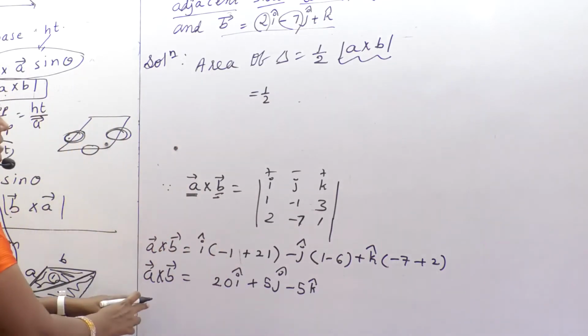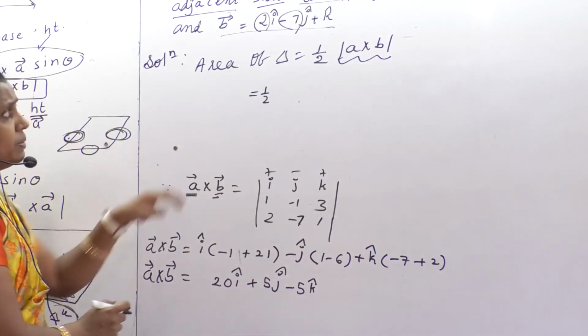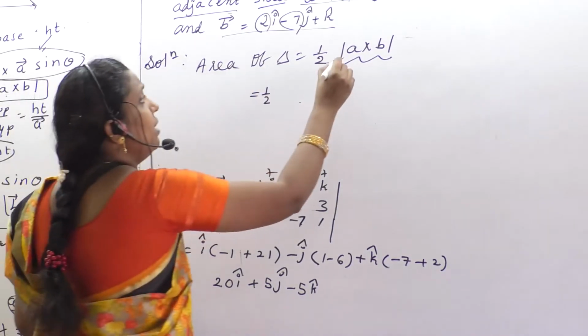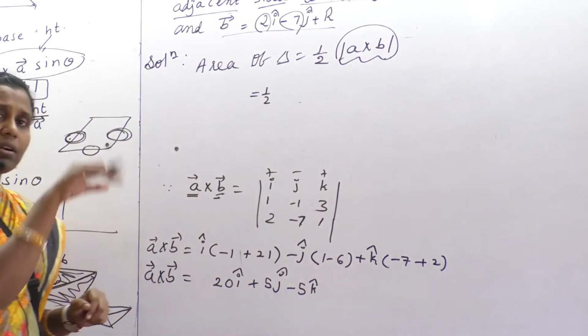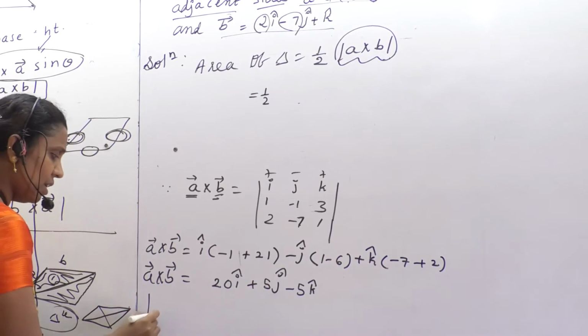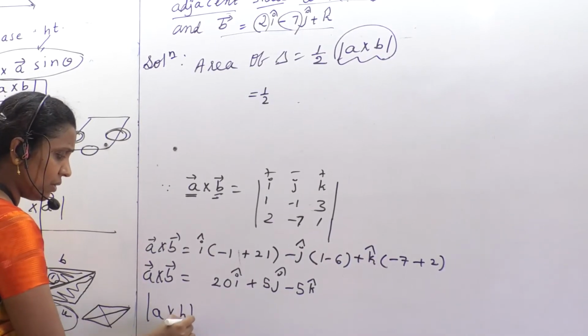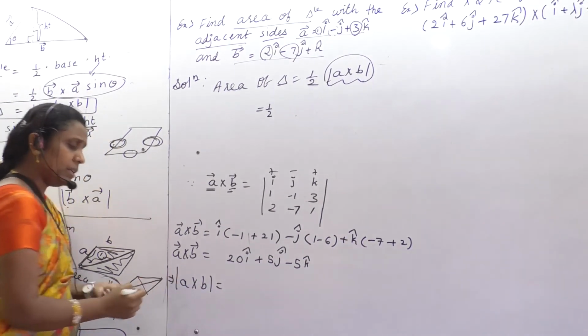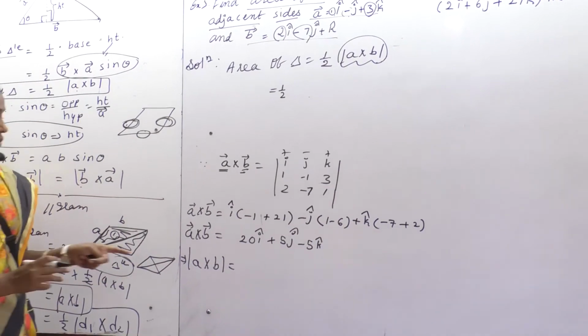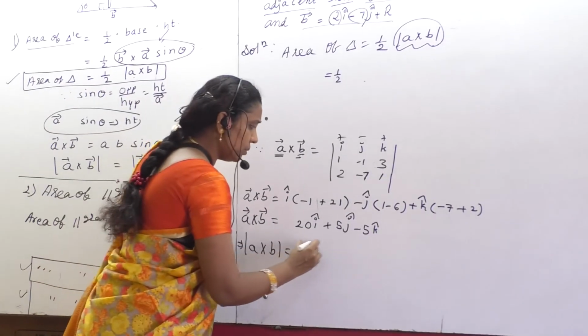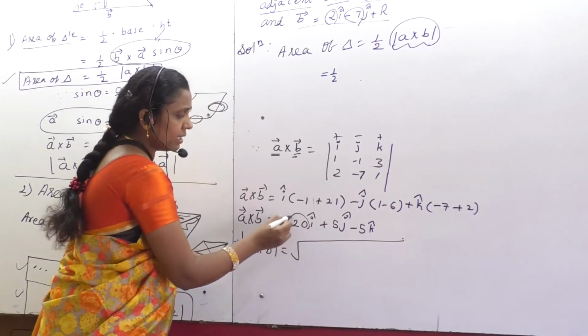Now what is required? Actually A cross B is not required here. Its modulus is required, length is required. So from A cross B, I will try to find out modulus of A cross B now. How are you going to simplify the components of i, j, k?